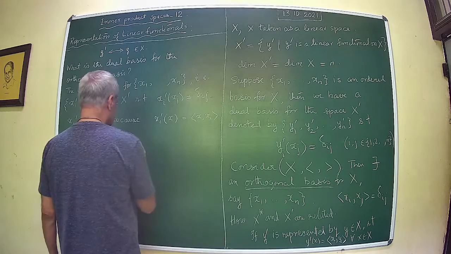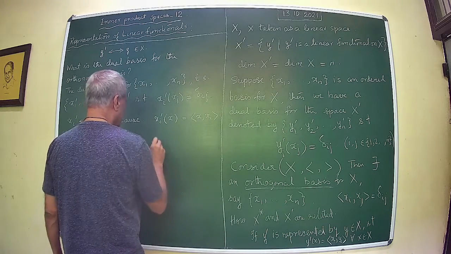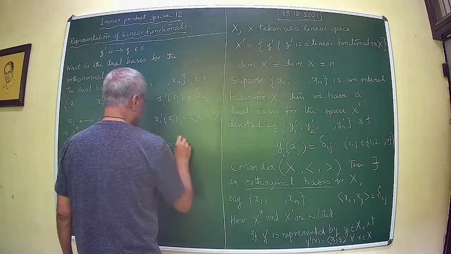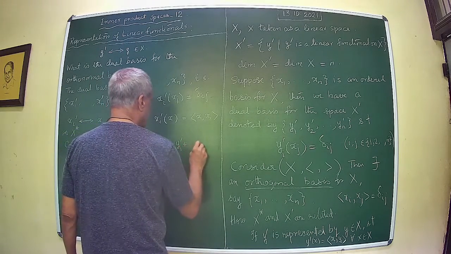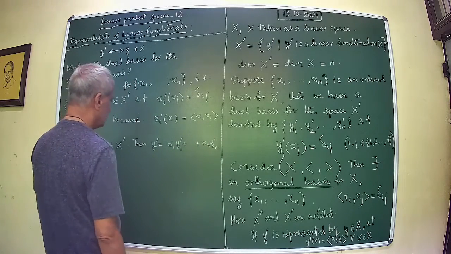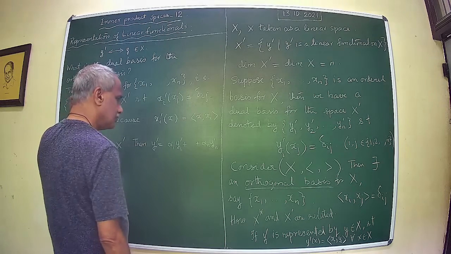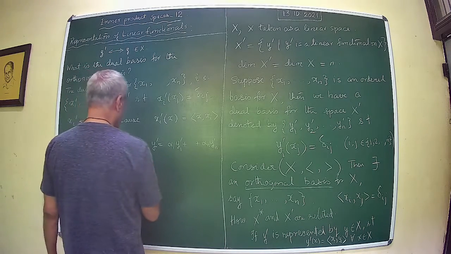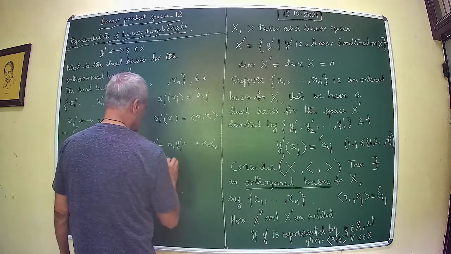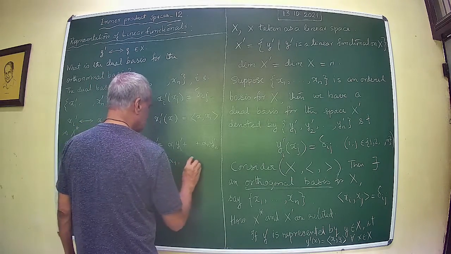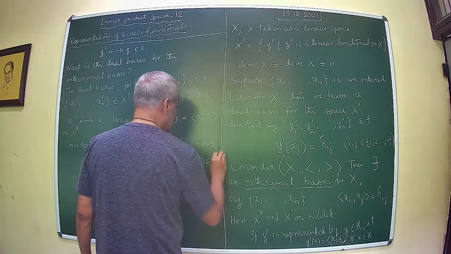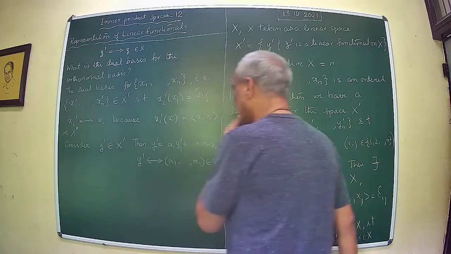Then y prime equals alpha 1 y1 prime plus ... plus alpha n yn prime, therefore y prime is identified with an element of Cn. That is the identification that you have.